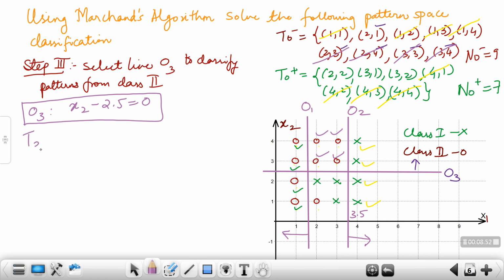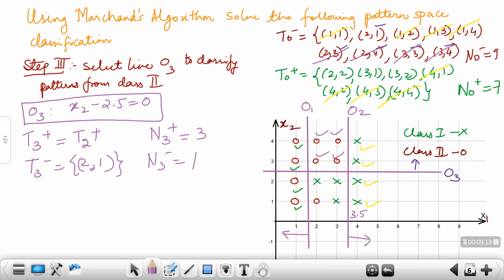So at this point T3 plus will be same as T2 plus, and T3 minus will be just left with (1, 2), (1, 1). So N3 plus will be nothing but 3, and N3 minus will be 1.